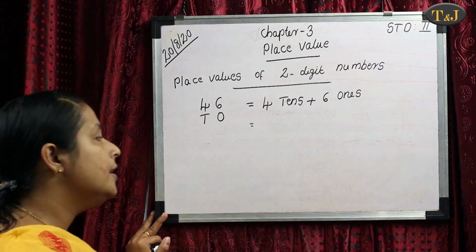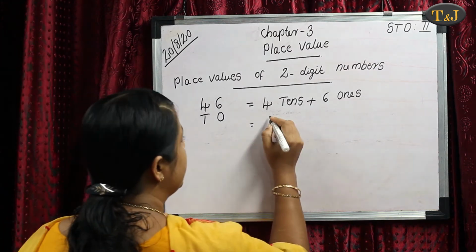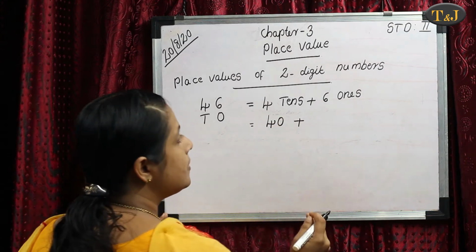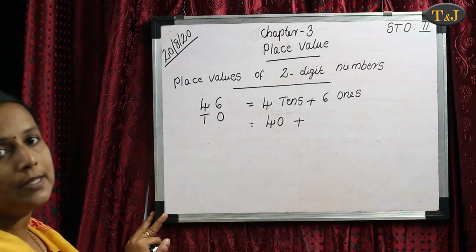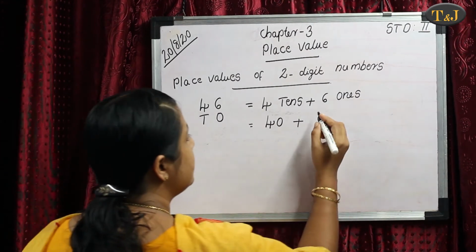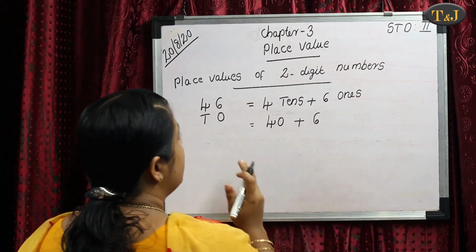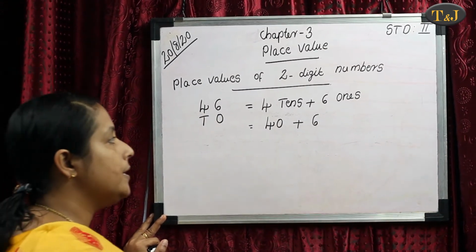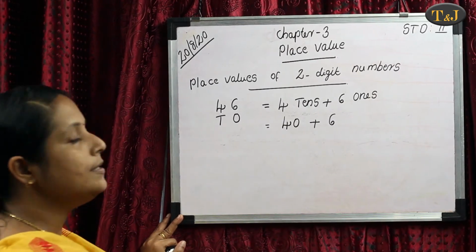Therefore 4 tens are 40. So we write 40 plus 6 ones. 6 ones means 6. So 46 is 4 tens plus 6 ones, or 40 plus 6.